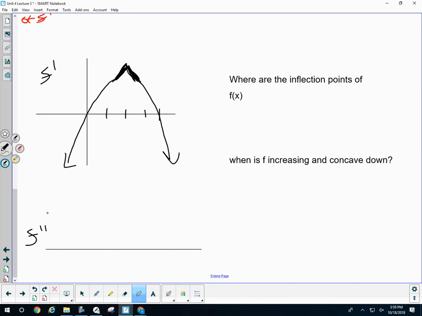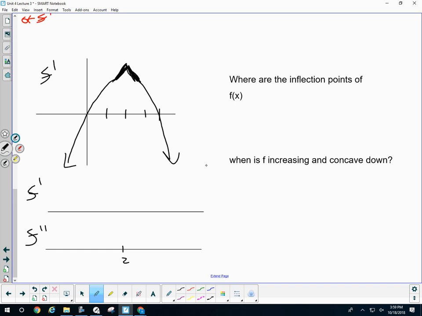Let's look at our second derivative signs. What is the second derivative sign at 2? Is it 0? No, because it's a sharp point, right? What's the derivative at a sharp point?